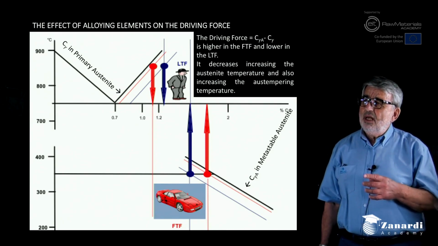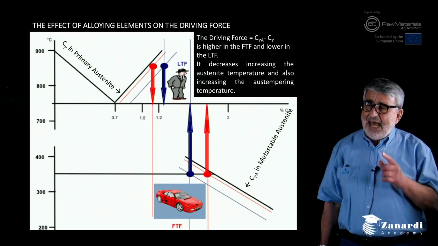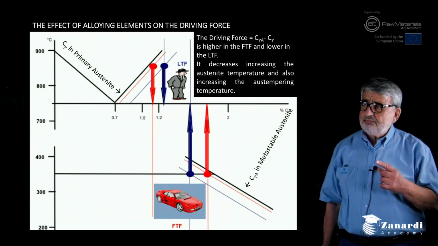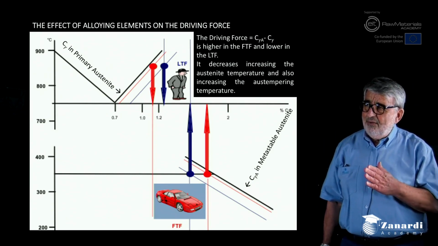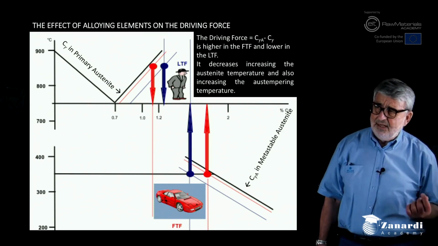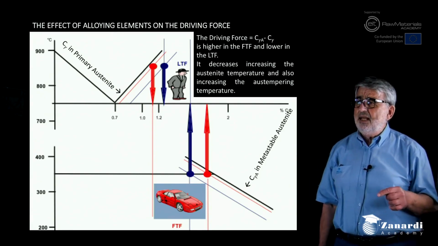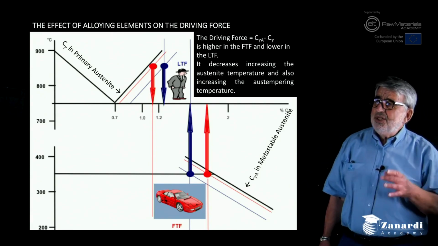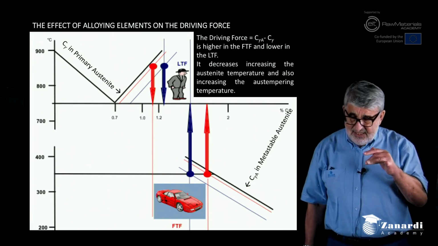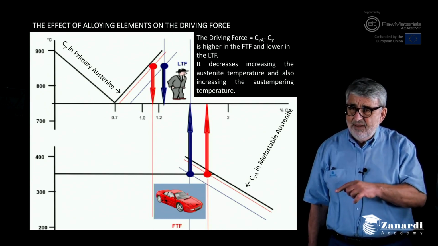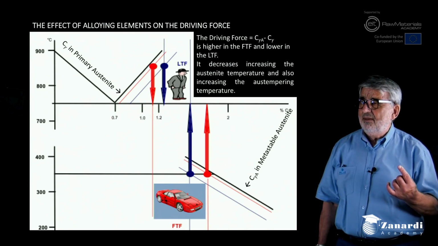While in the last to freeze, in the grain boundary, the carbon content of primary and metastable austenite is represented by the blue arrows. You see how the driving force is much higher in the first to freeze than in the last to freeze.